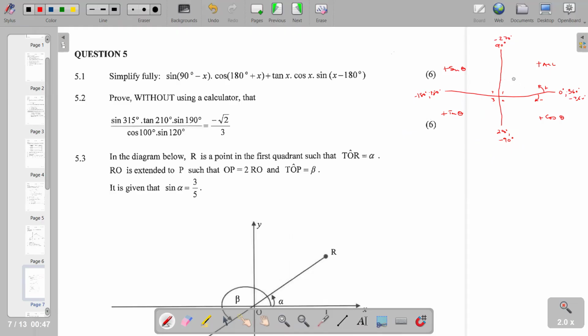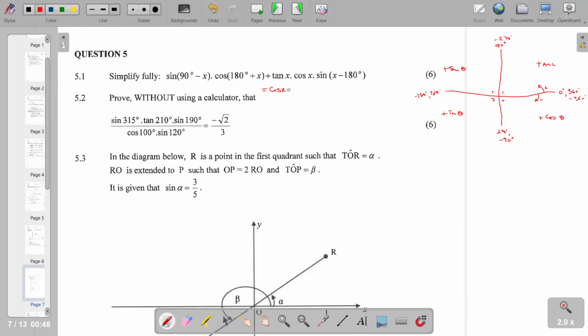So if we say 90 minus x, we end up in the first quadrant. What is the sign of sine in the first quadrant? It is positive, but because of 90 degrees, the trig ratio changes to cos. So that one changes to cos x.